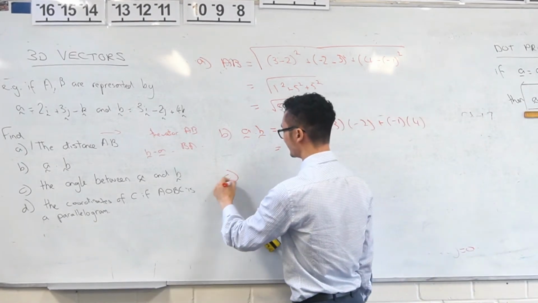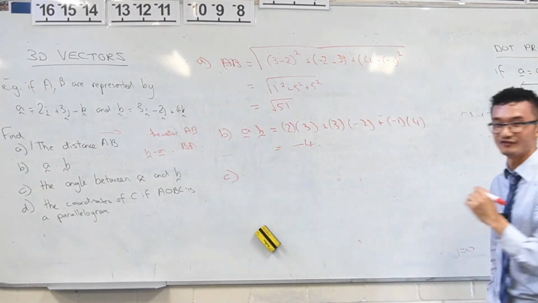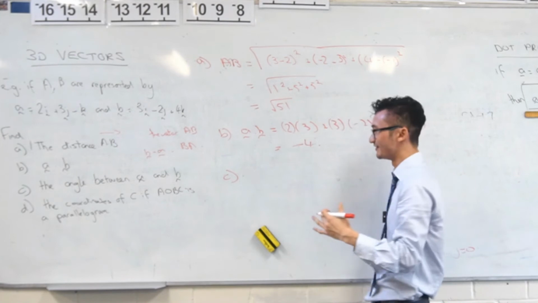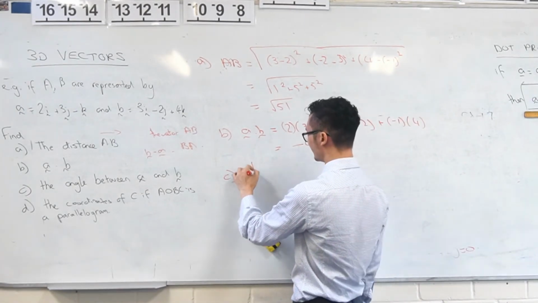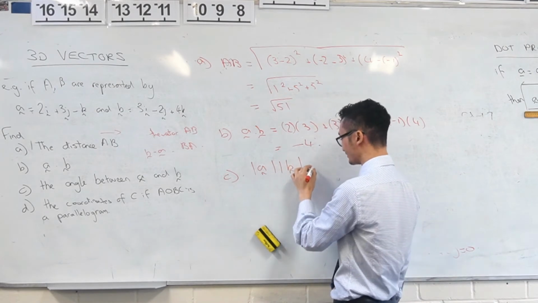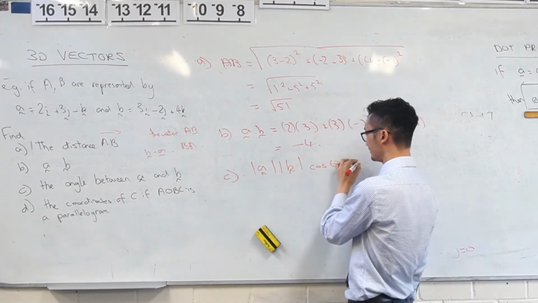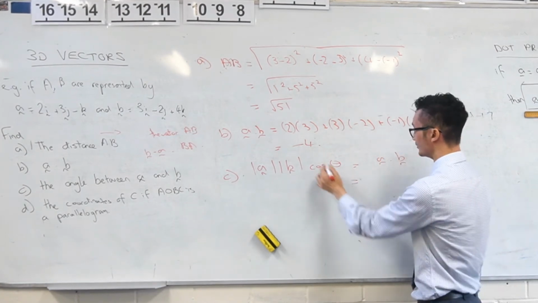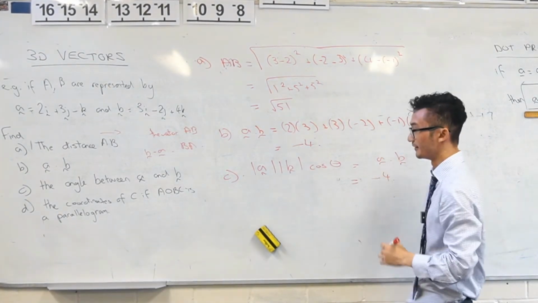Angles now. So now we can do the angle, right? Because we have a few different definitions for this. We can say that this is the dot product, but what's the other definition? Well, the other definition is that we have a and b, their magnitudes multiplied together, times cos theta, is also equal to the dot product. We have a few pieces now. We have this piece, the angle between the two vectors.